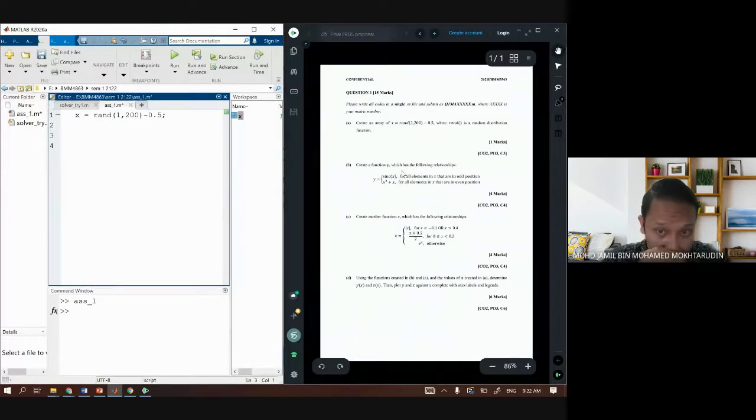So create a function y, which has the following relationship. So write function, maybe return y, maybe nama dia function y, accepting x value. So dia akan terima value x.